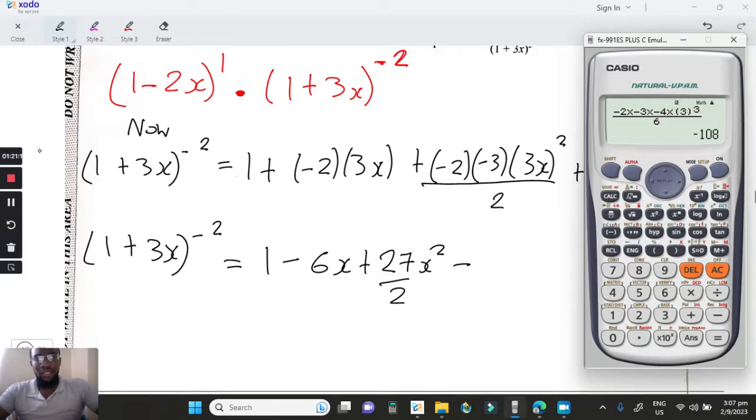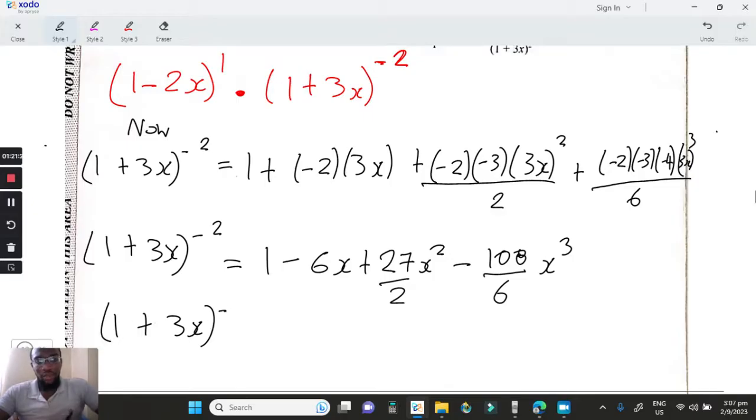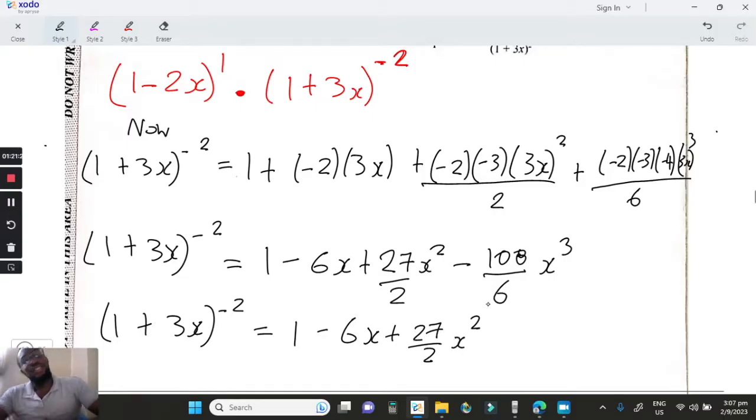Negative 108 over 6, and that's x cubed. So finally, my simplified expression here is 27 over 2 x squared, and 108 over 6, I believe that's 18, so minus 18x cubed.